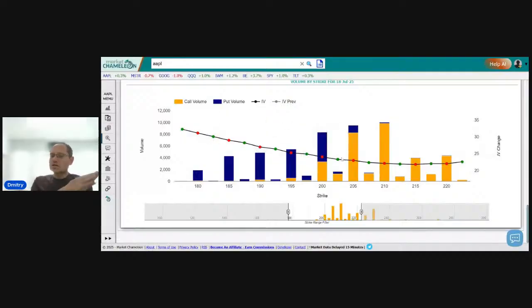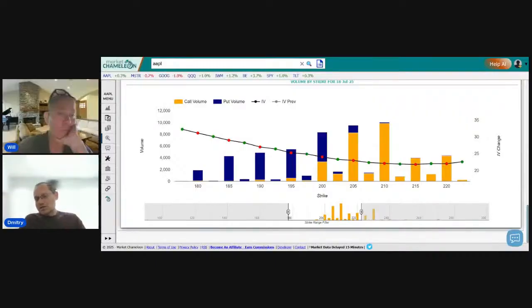So to the downside, we see an upward sloping curve. To the upside strikes, it looks like a downward sloping curve with flattening out, indicating that if we go up in Apple, the implied volatility of the stock is expected to decrease as it's moving higher. It's going to move at a slower pace.